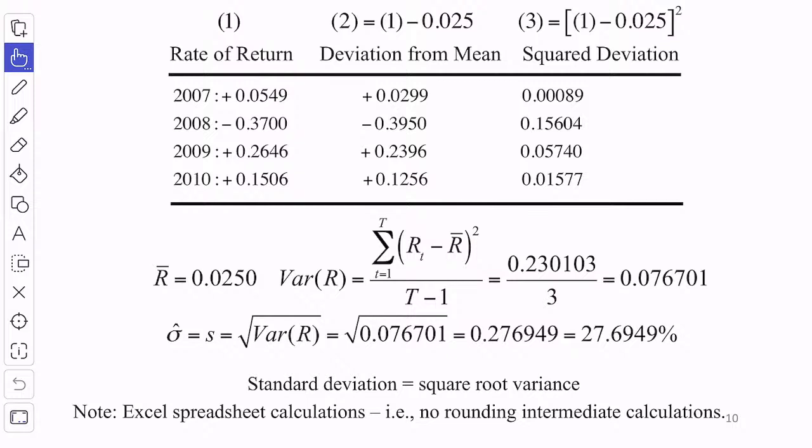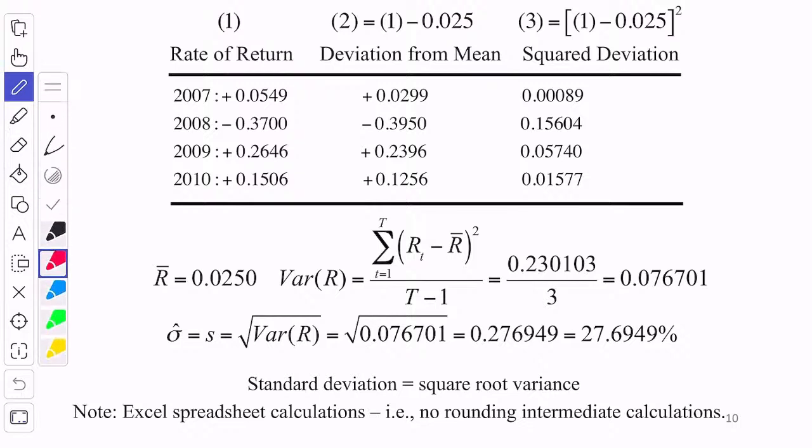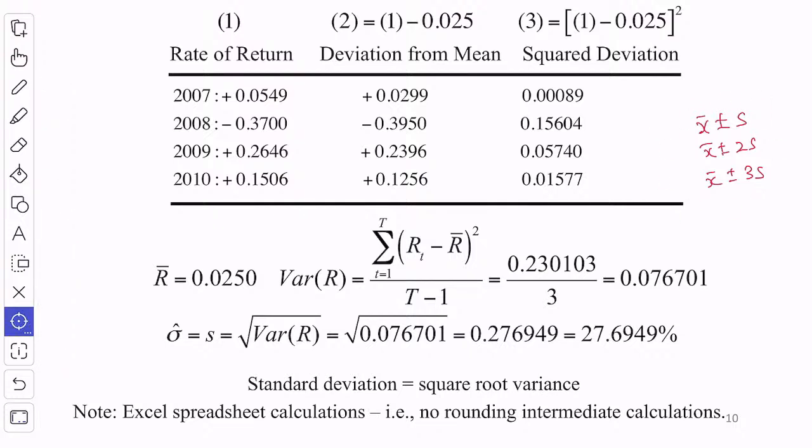As I explained in the videos, if we assume the distribution is symmetric, then we can use the idea of x bar plus or minus standard deviations from the mean to understand its behavior. X bar plus or minus 2 standard deviations, x bar plus or minus 3 standard deviations, to help you understand what to expect.